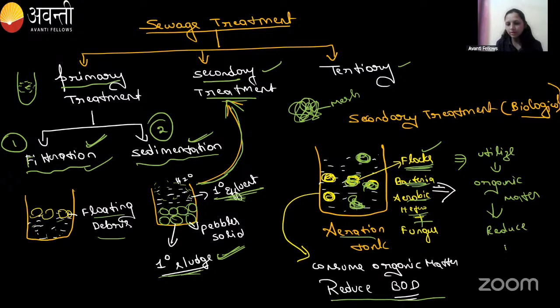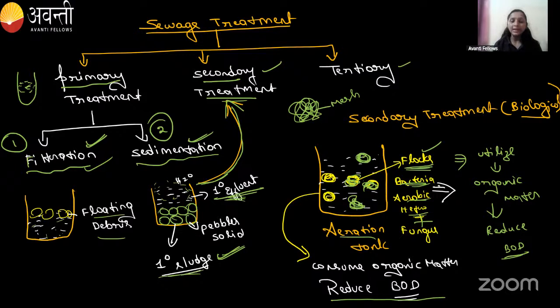Does anyone know what BOD is, guys? Biological oxygen demand. I want to tell you one more thing. In the aeration tank, we are putting bacteria along with the fungus, right? What is it doing? It is breaking all the organic molecules present by utilizing the oxygen, the oxygen which is there in the water, right?